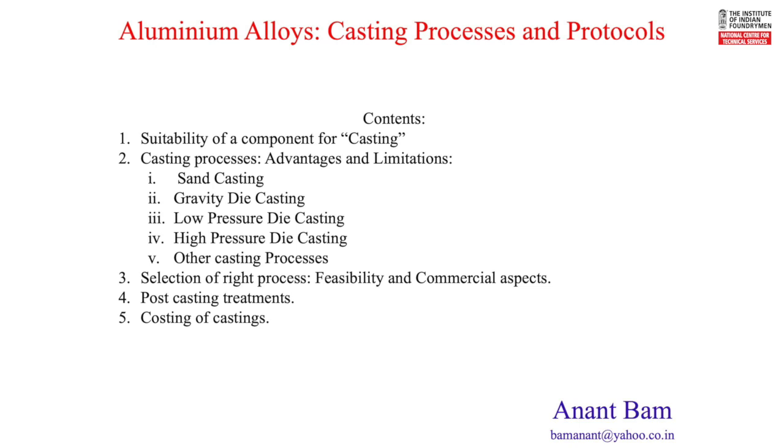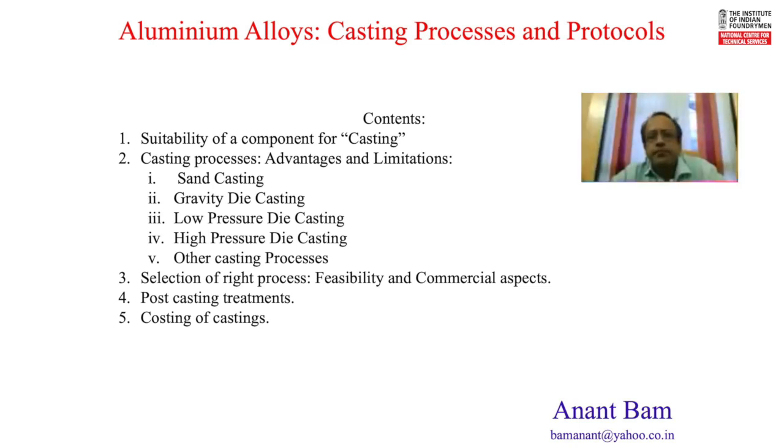Suitability of a component for casting. Casting, as we know, is a physical commodity which undergoes state transformation twice. That is from solid to liquid and liquid to solid. Naturally, there are certain constraints on the component. And those constraints, especially generated out of solidification, lead to limitations on physical properties. So if we are happy with only size and shape, is it sufficient?